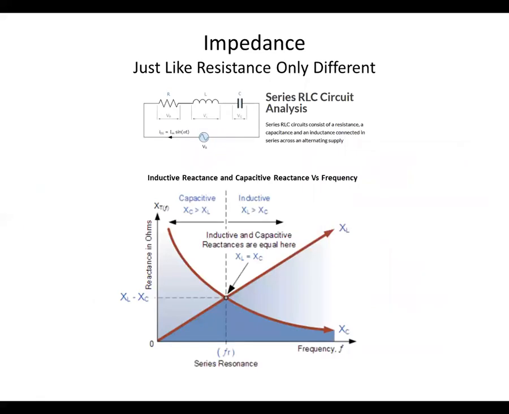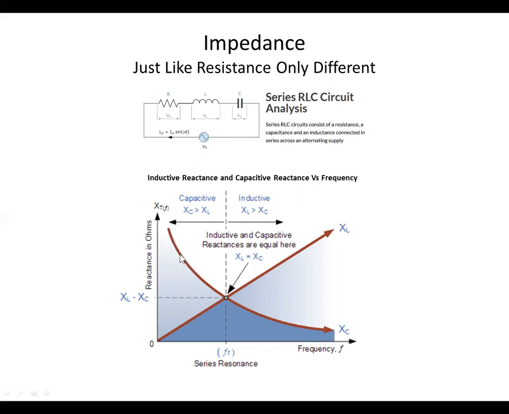Okay, so if we took a circuit and we had a variable voltage source in terms of frequency, and we put a resistor in series with an inductor in series with a capacitor, and then come back to the AC source, and we plotted the capacitive and inductive reactance, which would be this curve here.